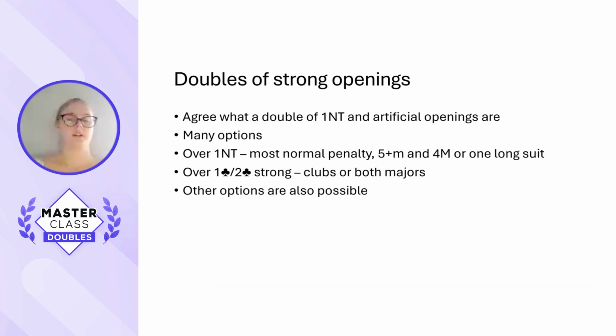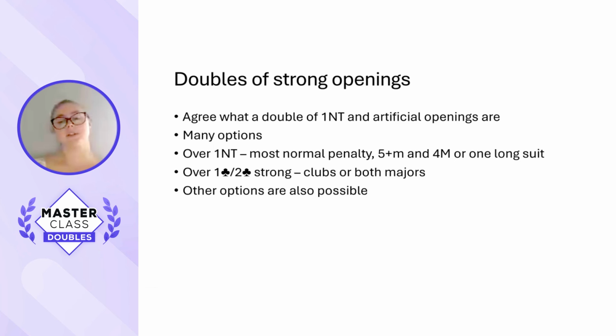And over a strong club, on either the 1 level or 2 level, the most common thing is that a double shows either clubs or both majors. Again, be careful if you haven't talked to your partner about it. But there are also some other options, so this is not an exclusive list.